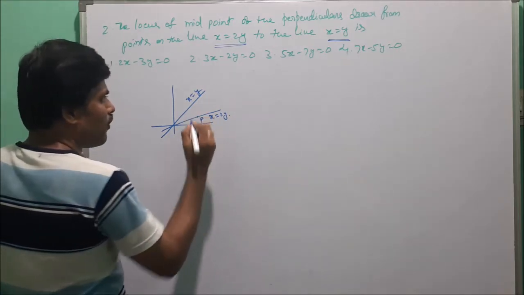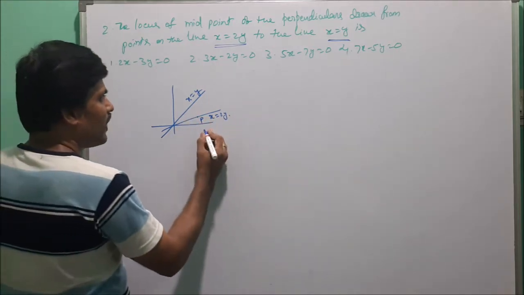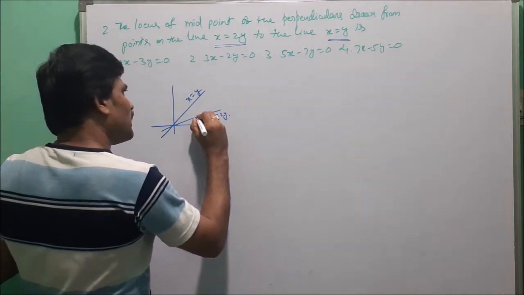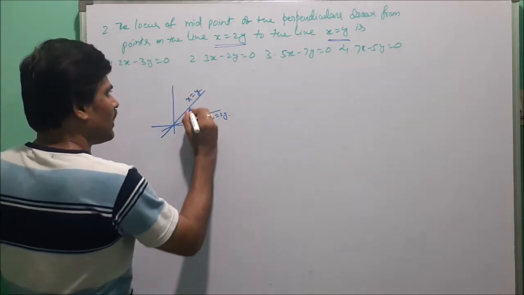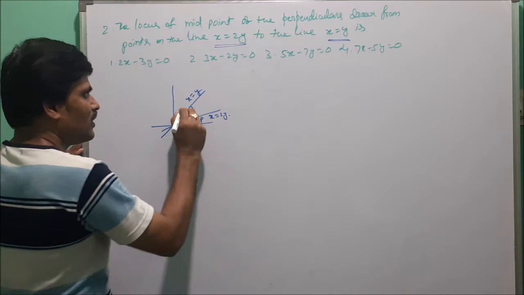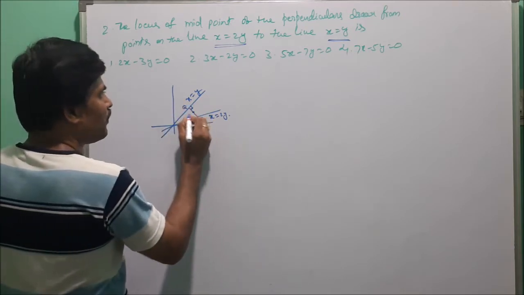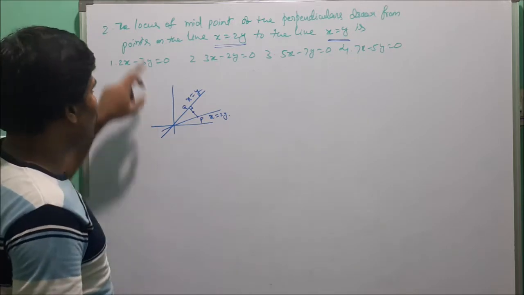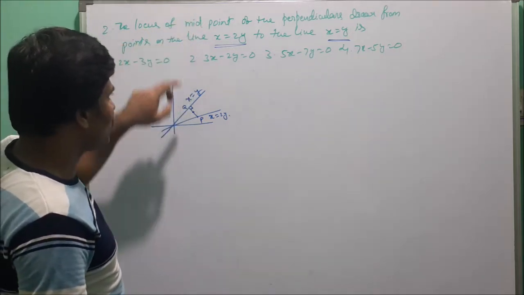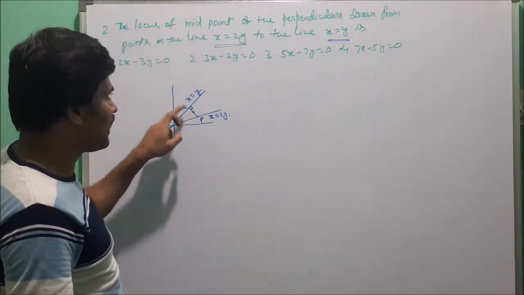Let P be any point on the line x equal to 2y, and we draw one perpendicular line to x equal to y. This is the perpendicular line. It intersects at some point Q, and let R be the midpoint of PQ. Here we find the locus of the midpoint. That midpoint lies on the perpendicular line PQ.